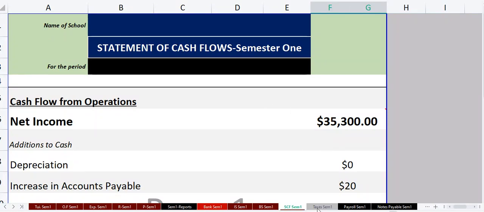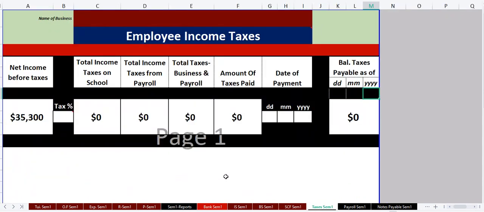Alright, then we come to taxes. As you can see here now, we have 35,000 as our net income. So maybe on this amount, the government requires that we pay 4% on our net income. Now in your country, you know how much government takes from your business gross income, or let's say net income before taxes.